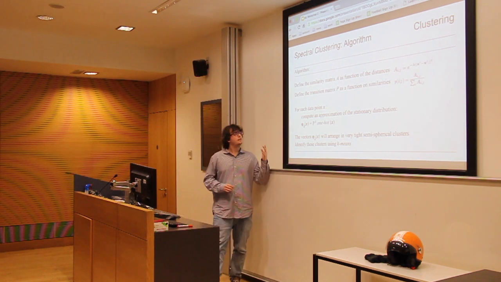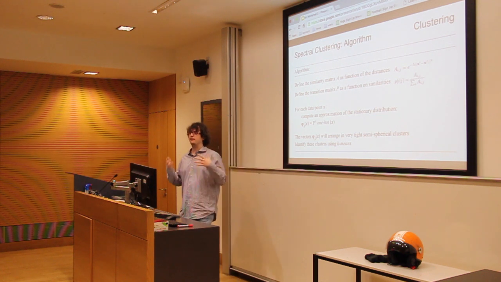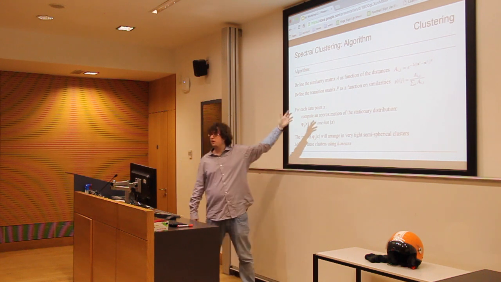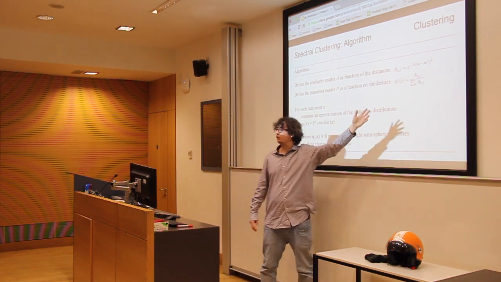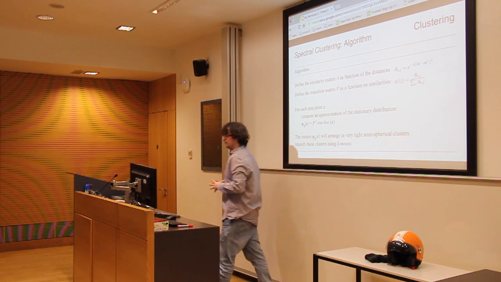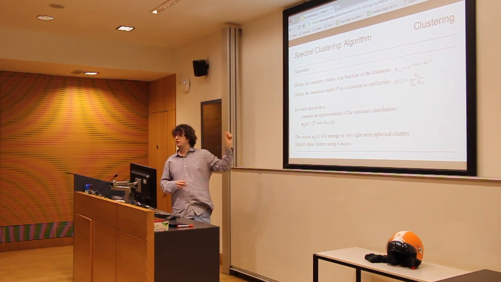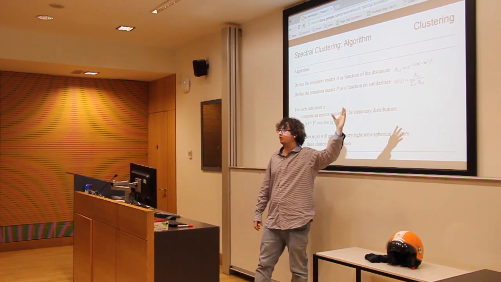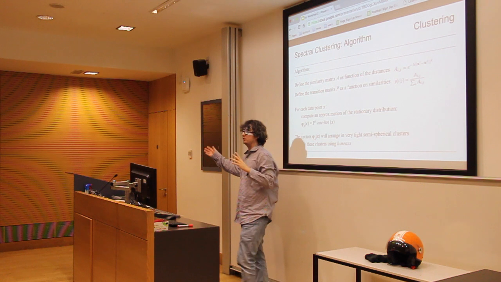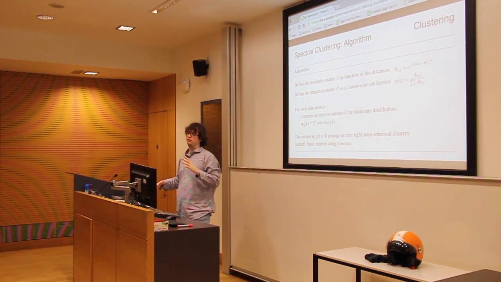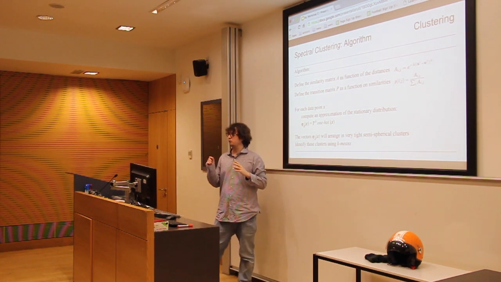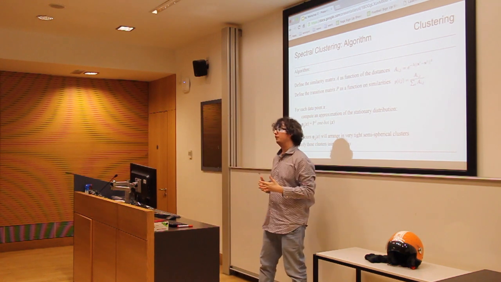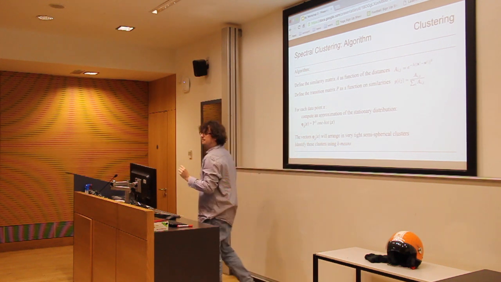So let's go a bit more into the details. We said we want to have a measure of how distant things are. You can represent this with a big matrix which has a measure of distance between points. And this measure uses an exponential. This means that points which are farther from each other will have a very low value in the matrix, while points which are close to each other will still preserve a reasonable value.